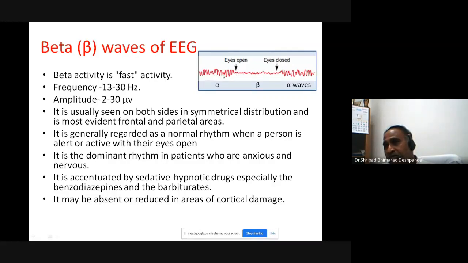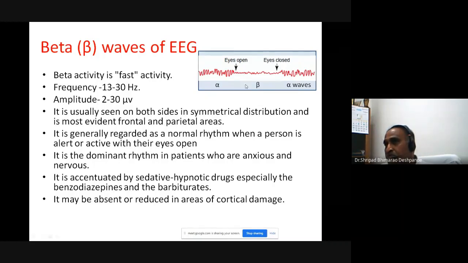What happened? The waves become fast and low amplitude. Then again, when he closes his eyes, they become slow. Fast waves occur when we have sensory inputs coming to us while the eyes are open.